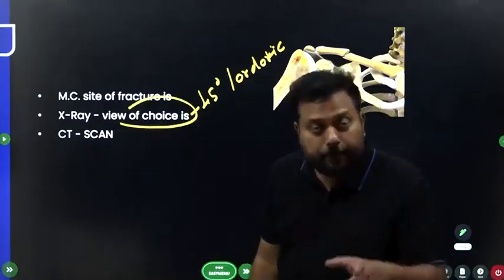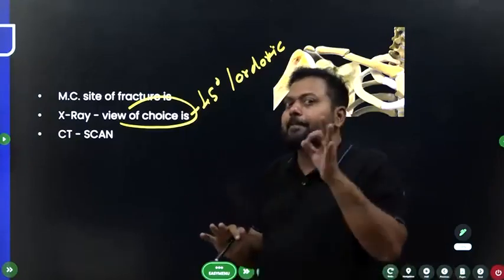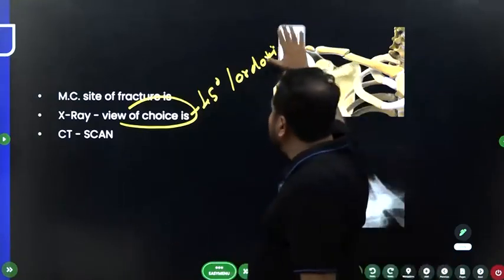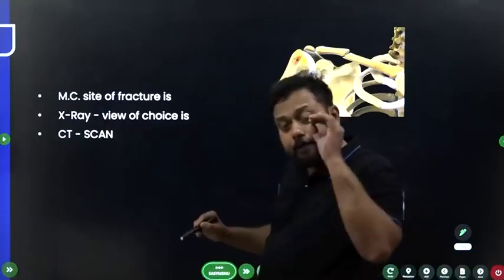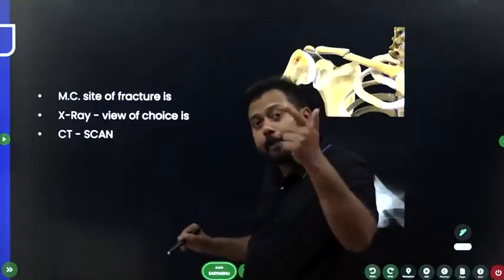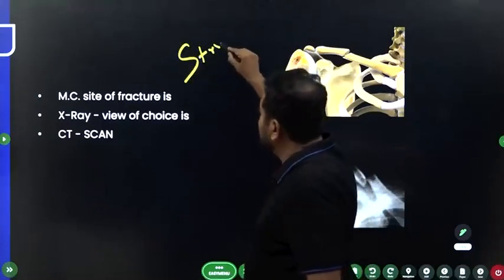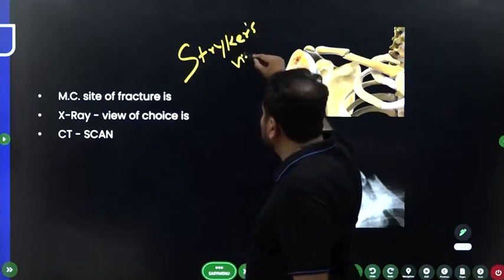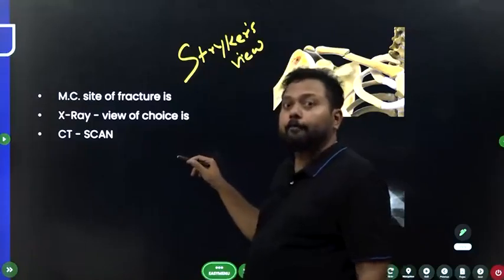Dear friends, this 45-degree lordotic view does not have any specific name. It is not a named view. Some MCQ books wrongly use the word Stryker's view. Stryker's view is not this 45-degree lordotic view.